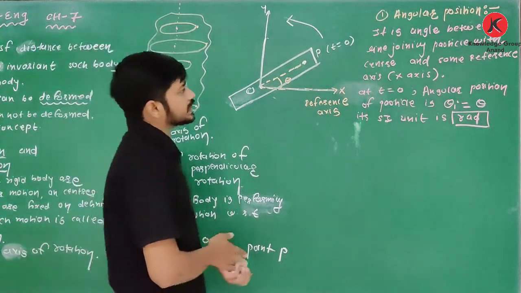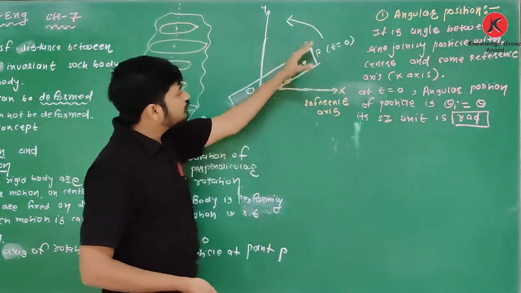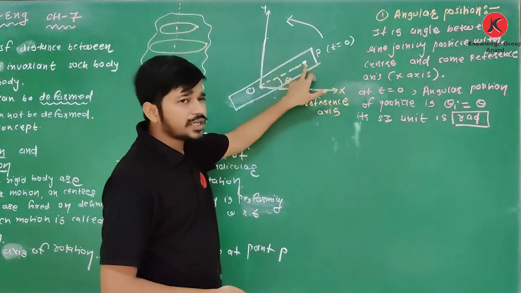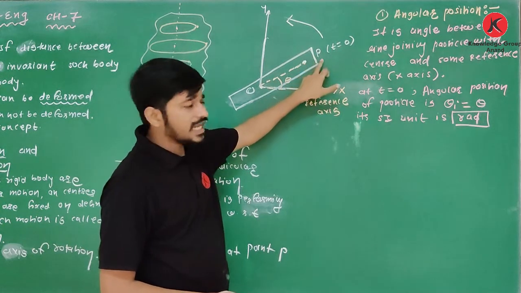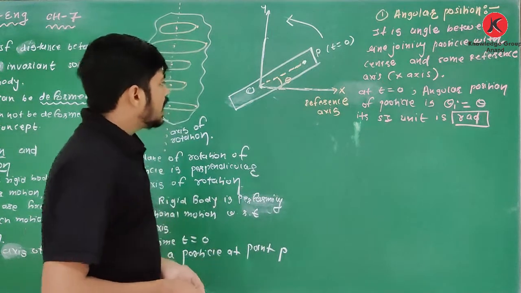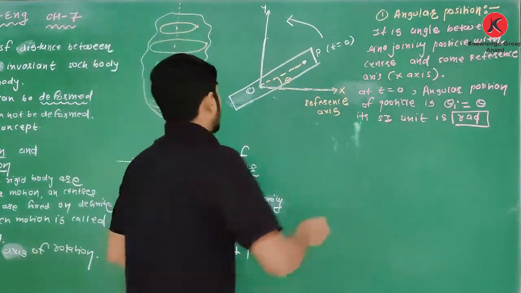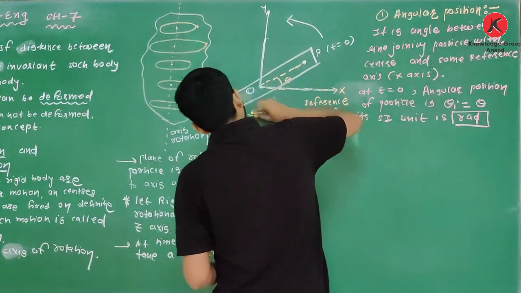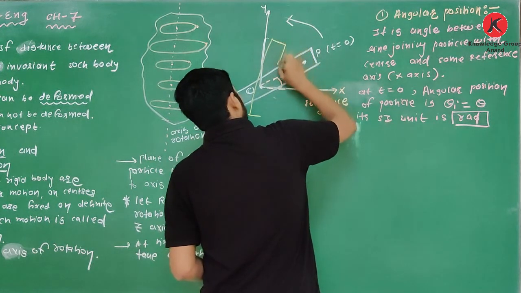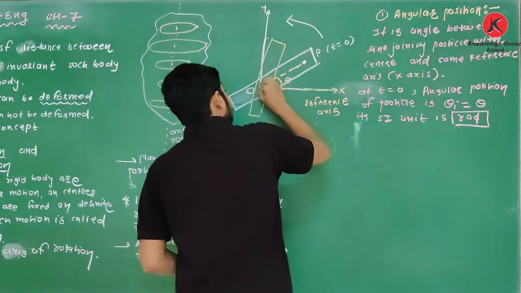Now, as you see, this object is performing rotational motion. This point is at point P at time t is equal to 0. As it is performing rotational motion, I will draw the condition after some time. Suppose here it is, the same object.